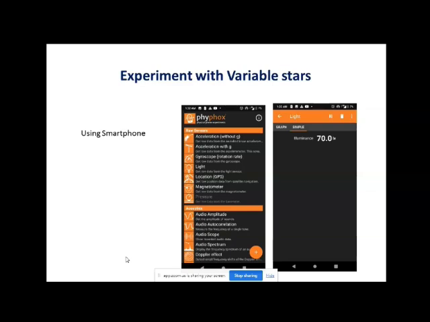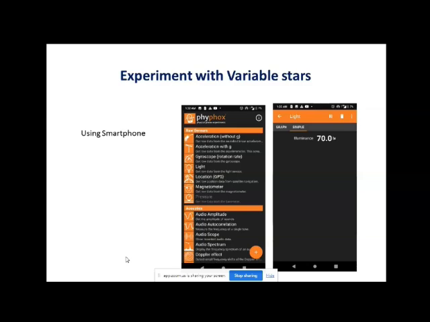The lux value is not very important, but suppose the reference or comparison star is 10 magnitude, and I find it reads 70 lux. If we are looking at the unknown variable star with the smartphone and it gives 30 lux, then using these two values we can compare the magnitude. 70 corresponds to 10 magnitude, and 30 to a different magnitude.